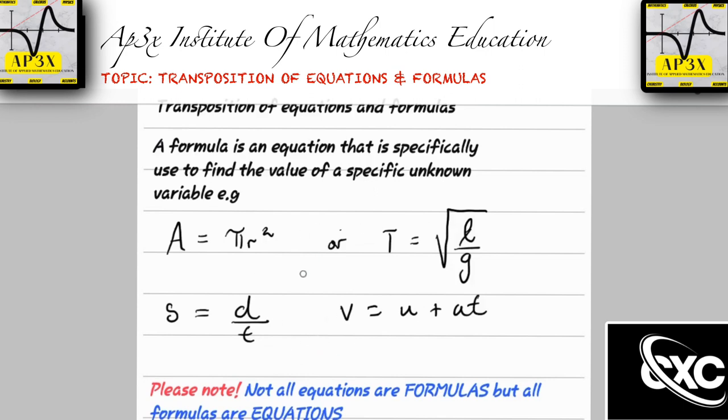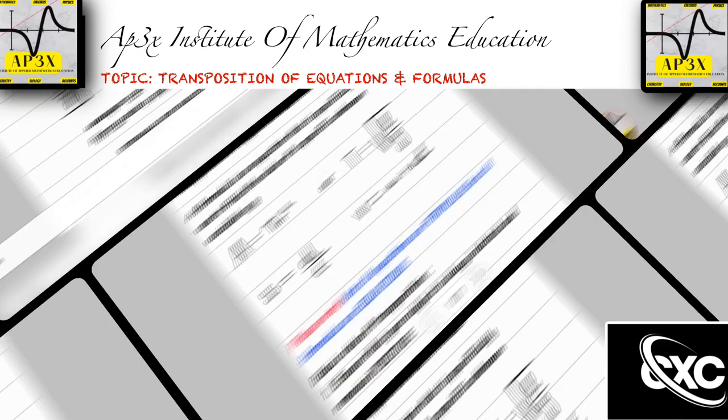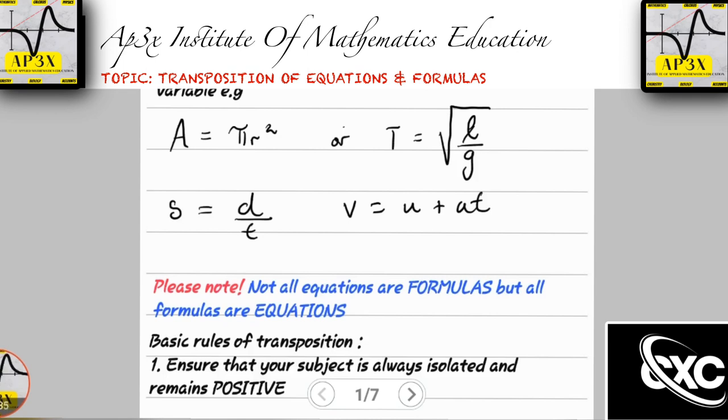These are in fact renowned formulas, and as we said, a formula is an equation. You should note that not every equation is a formula, but every formula is in fact an equation.